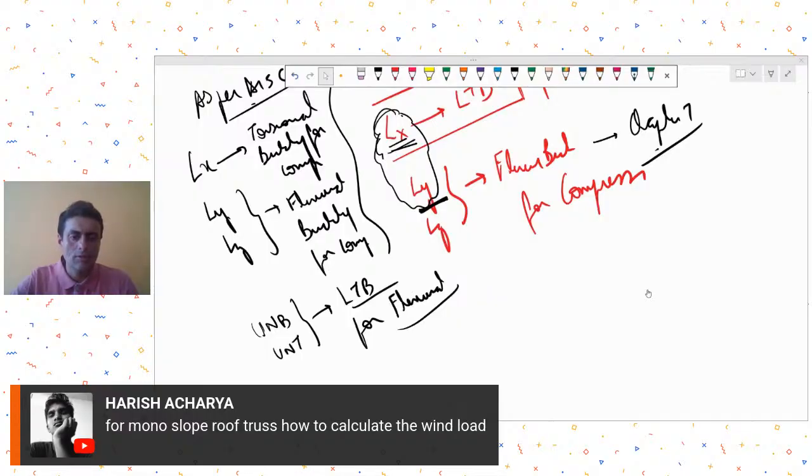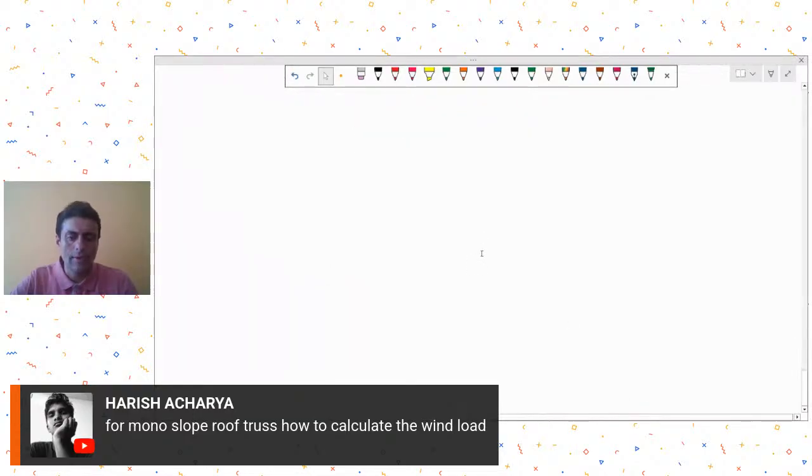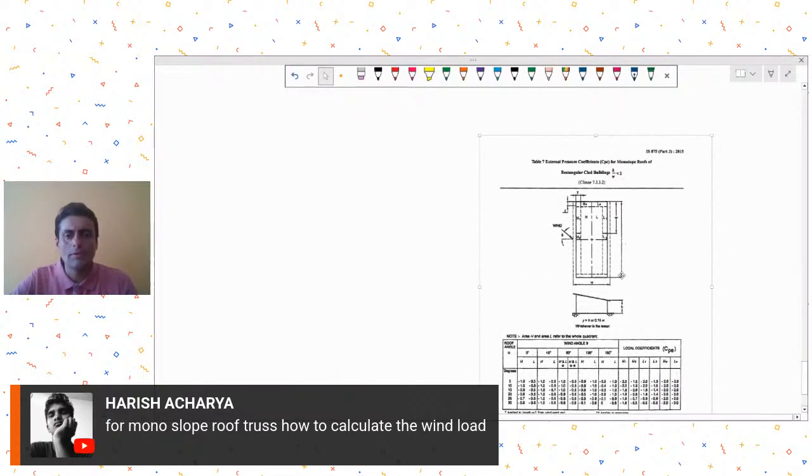Engineer Harish Acharya is asking for monoslope roof truss, how to calculate the wind load. So it's quite clearly given in the IS 875 part 3. I'll just show you the table. For monoslope roofs, if it's a monoslope roof of a rectangular clad building, then you could refer to table number 7.